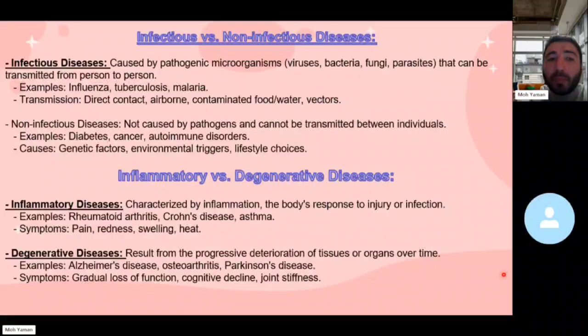Symptoms in this case will be pain, redness, swelling, heat as well. Degenerative disease can be progressive deterioration of tissue or organs over time. For example, Alzheimer's disease, Parkinson's disease, and so on.